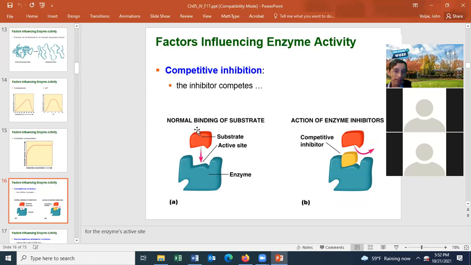And then that drug will bind to the enzyme in the active site, and that will stop the substrate from binding to the active site of the enzyme. And that's competitive inhibition, where the inhibitor binds in the active site of the enzyme.